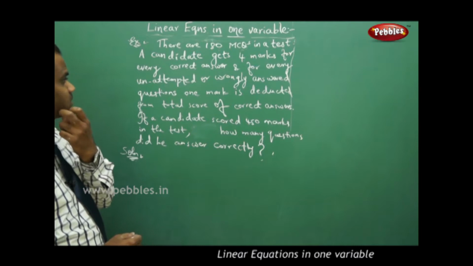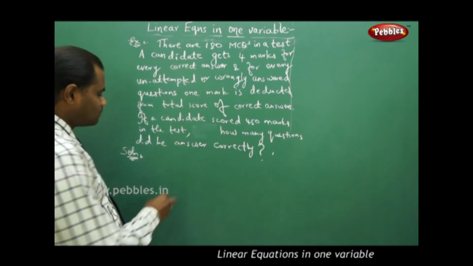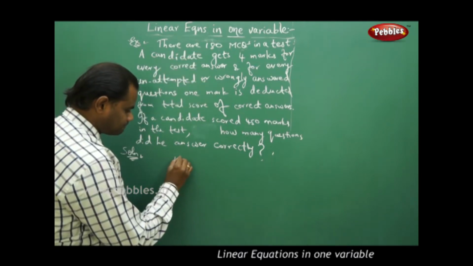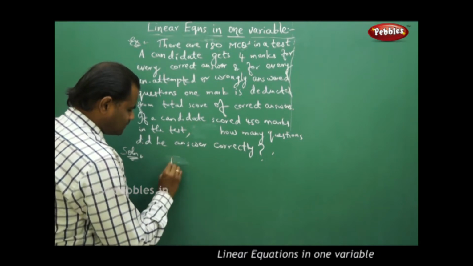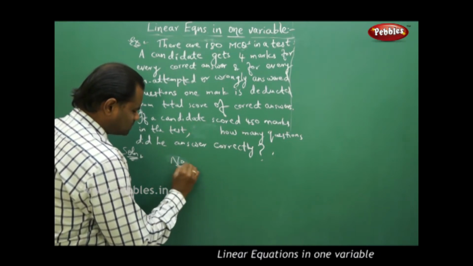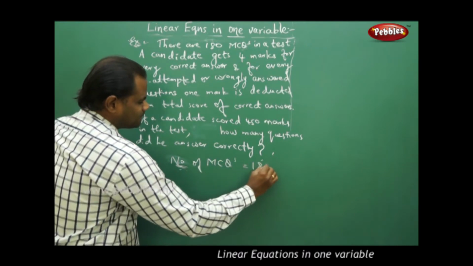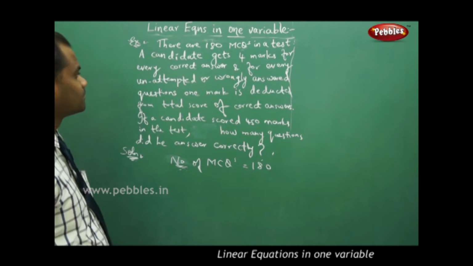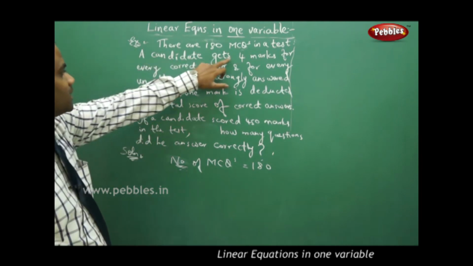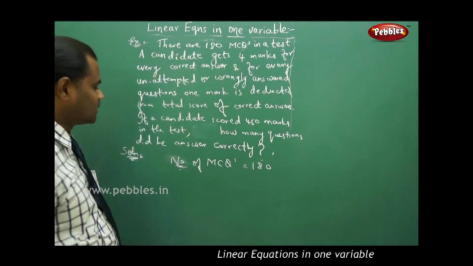So if you frame the question, we see that the total number of MCQs given in the test is 180. Now it is also given that a candidate gets 4 marks for every correct answer.